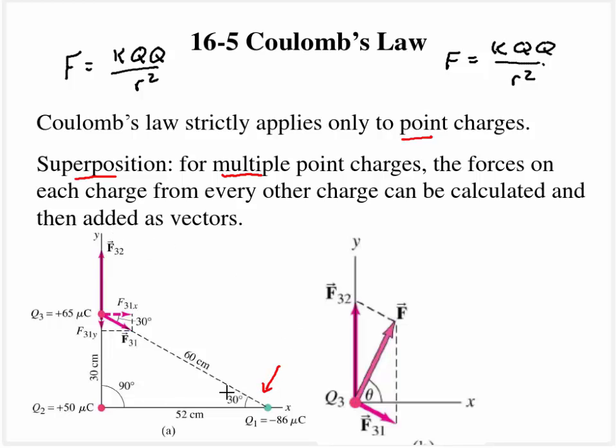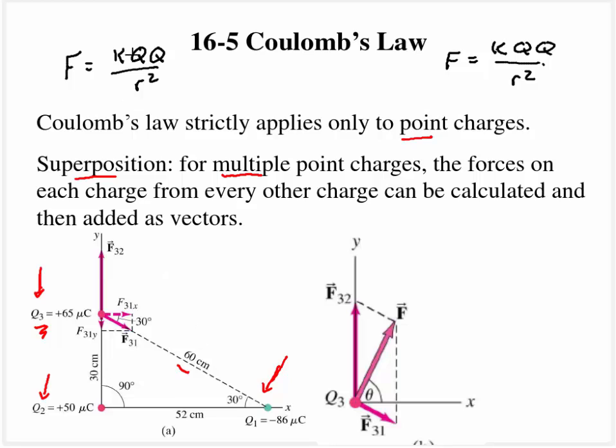So here I have 3 charges, Q1, Q2, and Q3, and we ask, what's the net force on Q3? Very simply, let's take a look at charge 1 and charge 3. We know the distance of separation, so we know r squared.